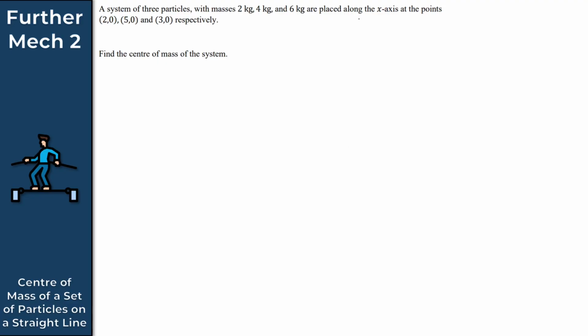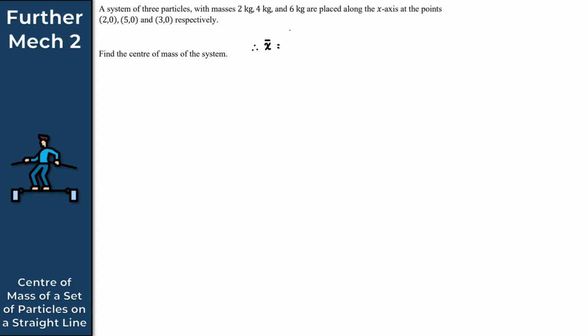Now, given that they lie along the x-axis here, clearly what we're looking for is x bar. So we want x bar here. And just as a quick point, if these did lie along the y-axis, then clearly we'd want y bar, but they lie along the x-axis, right? So we want x bar here. And as we demonstrated within the introduction, we do have a rearranged form that will allow us to easily calculate x bar, okay?